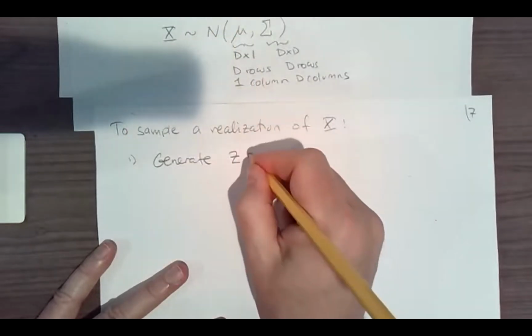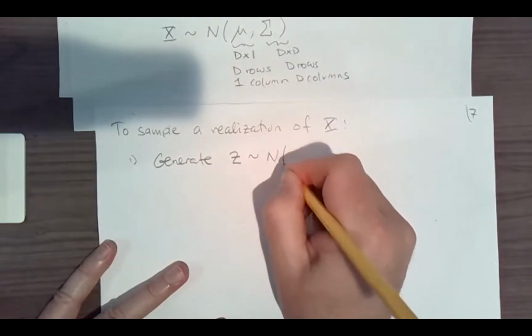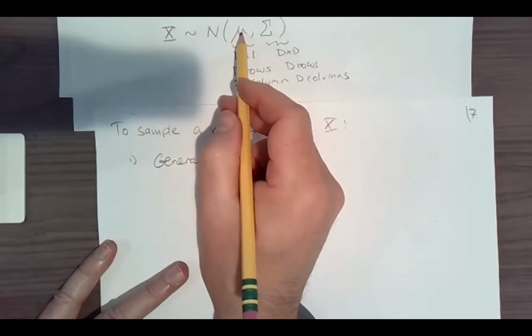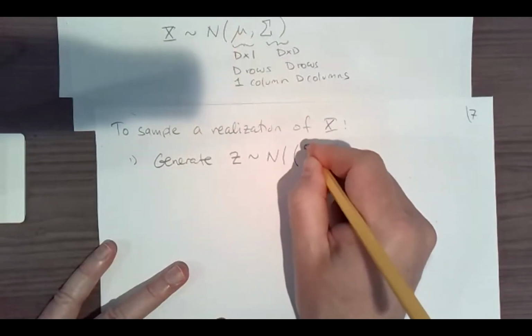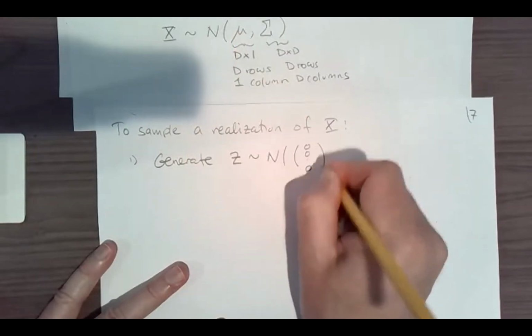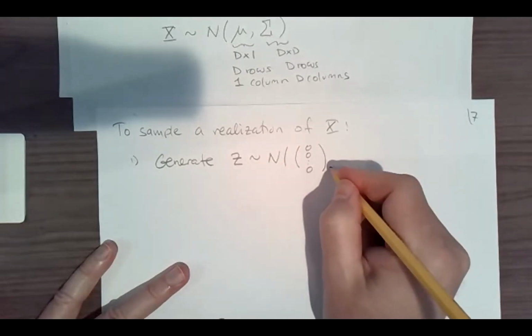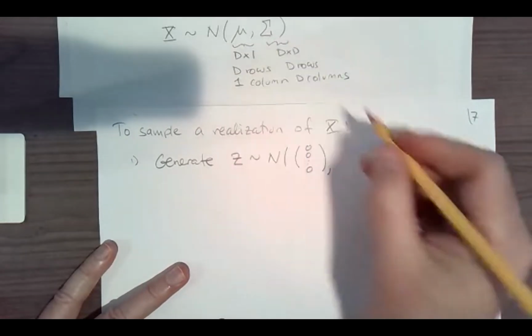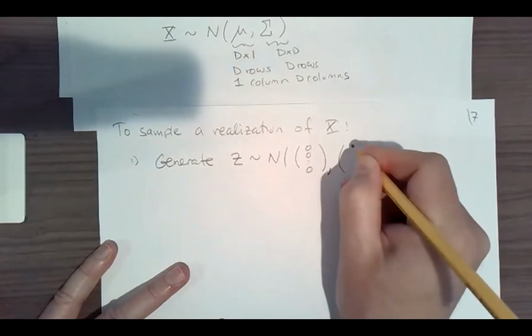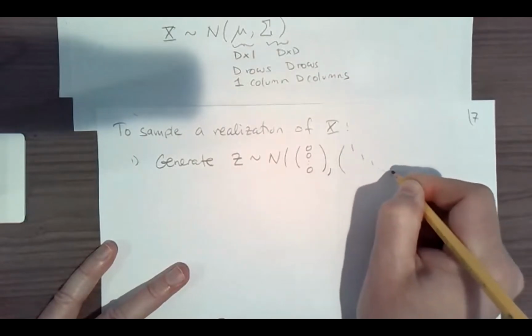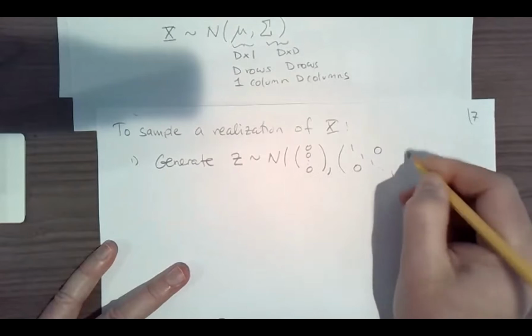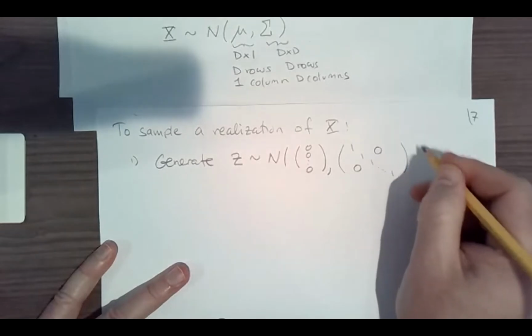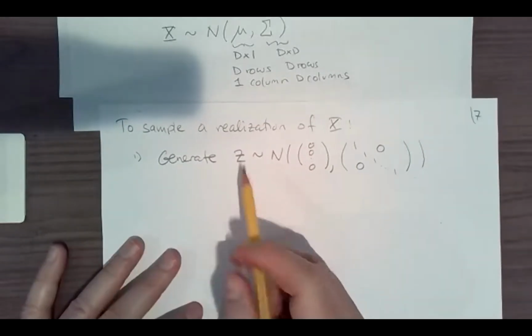We generate a Z which is normal, but here the mean is 0, d zeros. And then the variance-covariance matrix has 1s on the diagonal and 0 outside. So these here are standard.